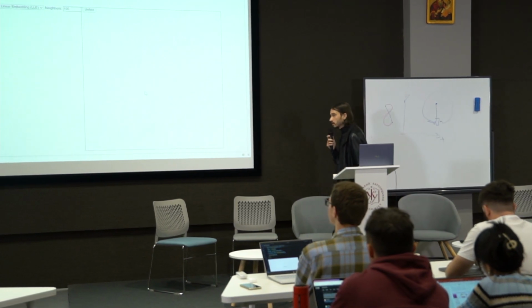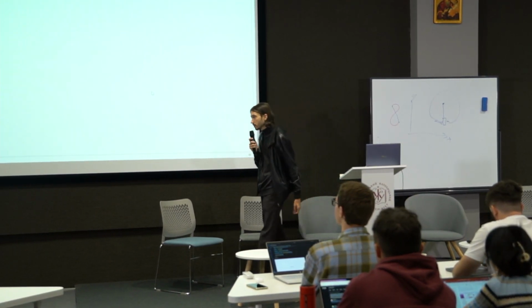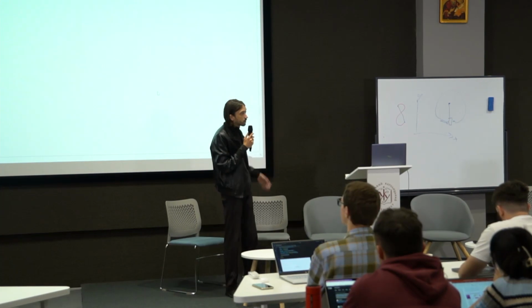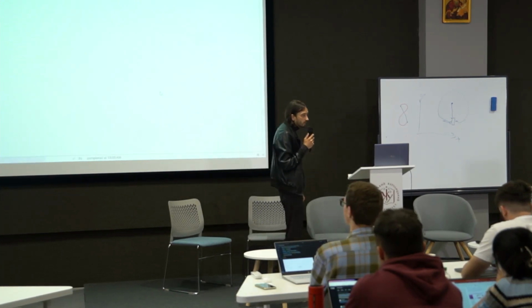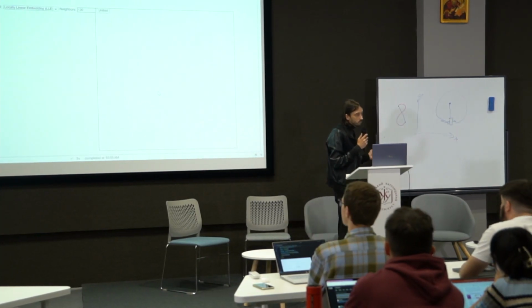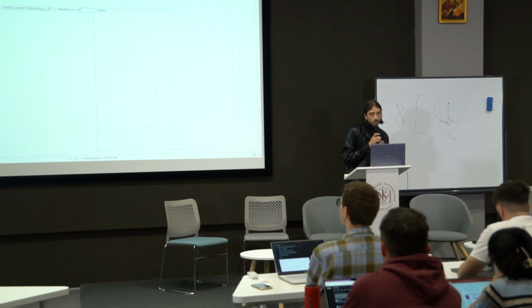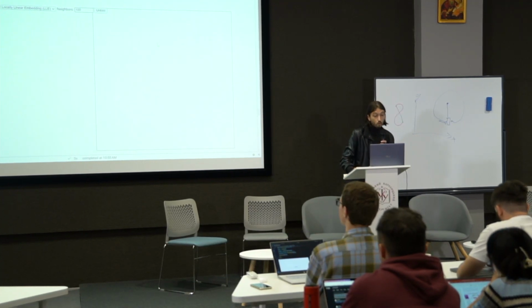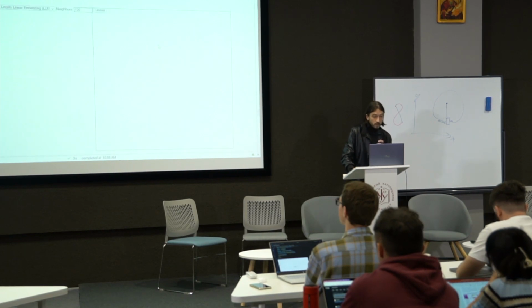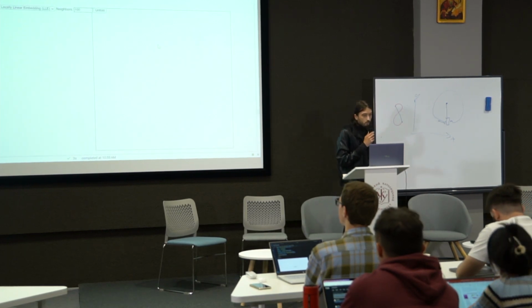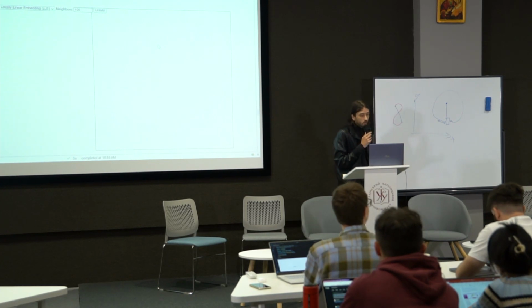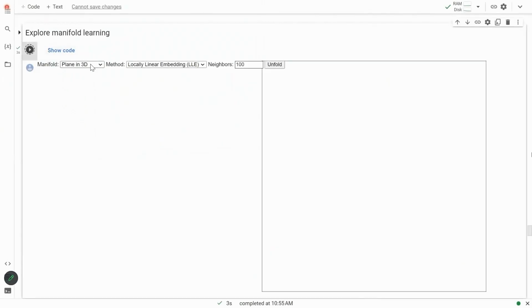And I really encourage you after the lectures, if you want to find all these things, they are all freely available. They all start in Google Colab, so you can just play around with all these things and look at them more carefully. So this demo shows you basically what happens when you employ some methods of sklearn on different manifolds. Here you choose the manifold, so I chose for simplicity just plain 3D.